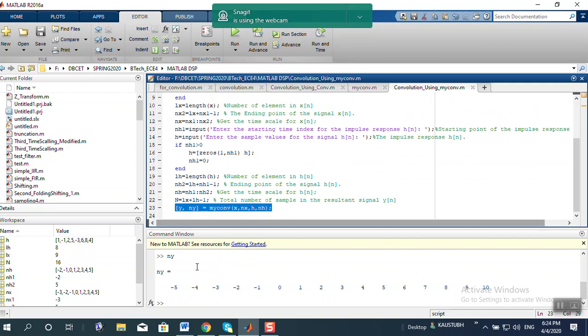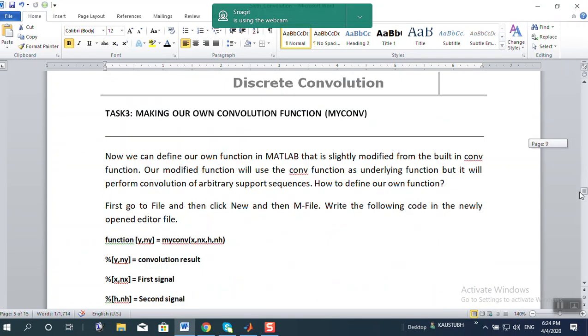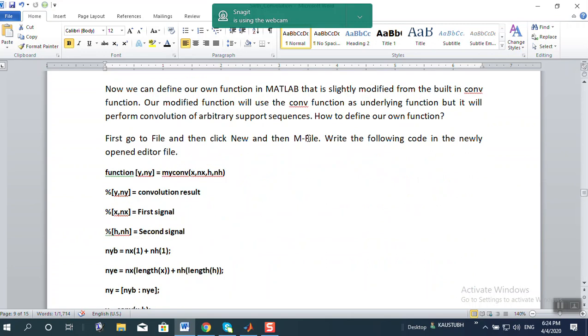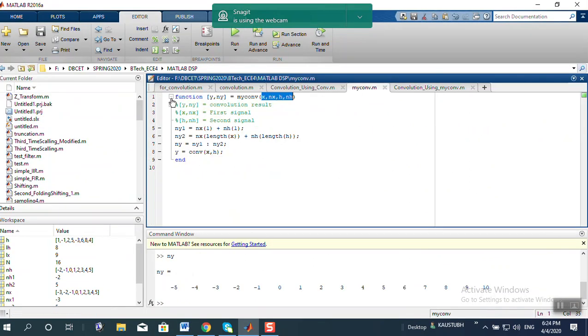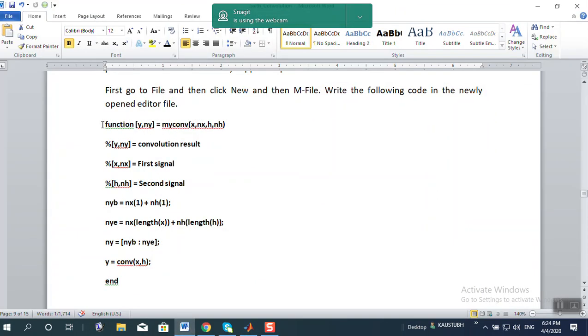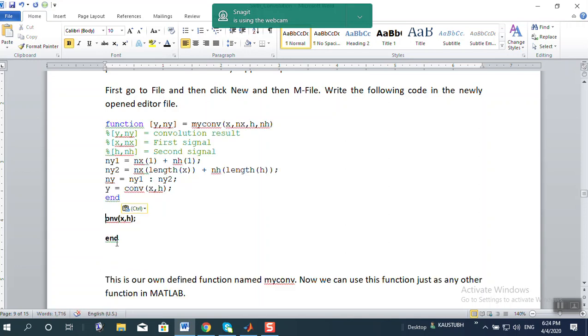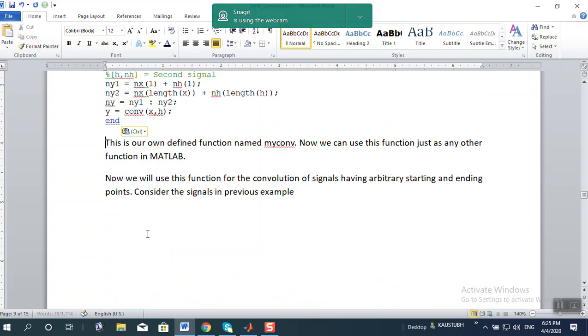Now coming to this, making our own conv function.